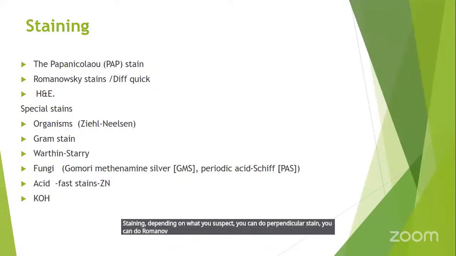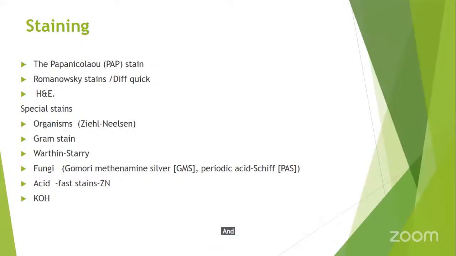you can do other special stains for the TB, Gram stains, Warthin-Starry if you are suspecting something like syphilis, because the person with syphilis sometimes has a chancre. They have lesions, and you want to differentiate that chancre from a malignant lesion or even brucella.